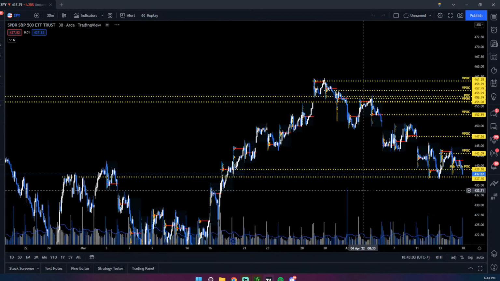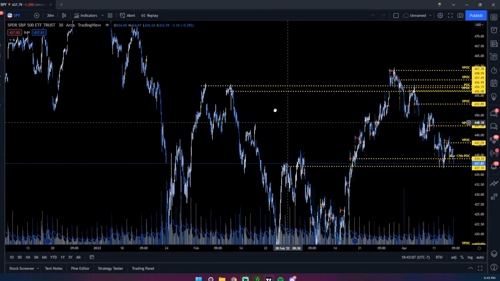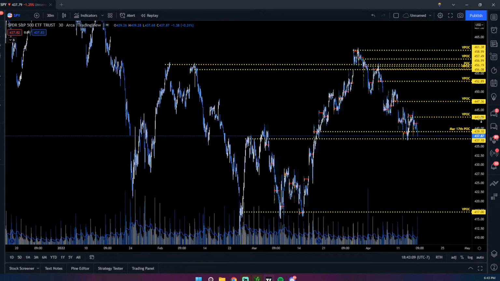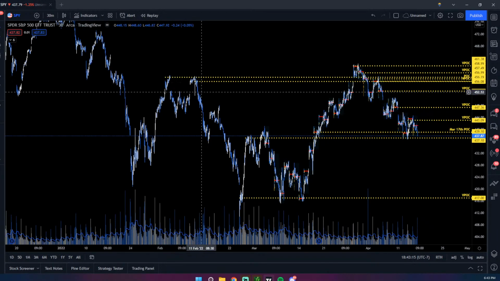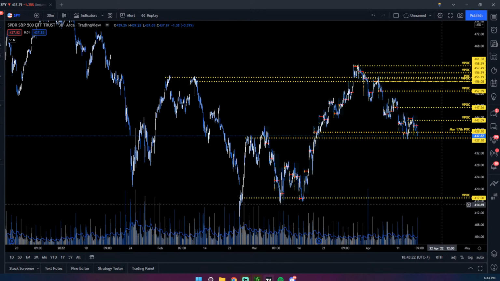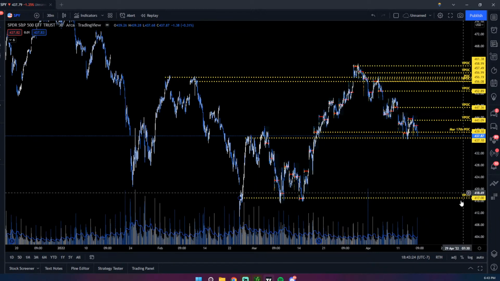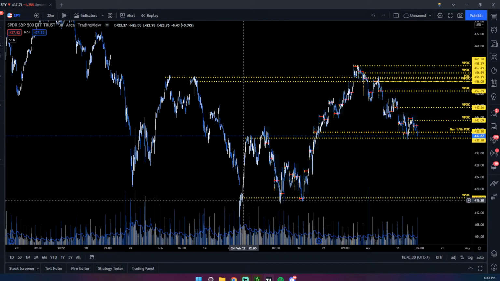So, this is how the psychology of this works. If you're a retail investor and you're buying shares of SPY up here at 456, and then the very next day it rips down to 417, you're almost $40 down, give or take.